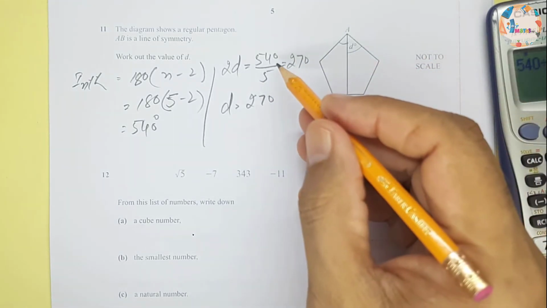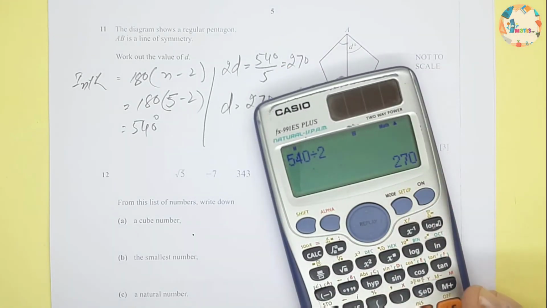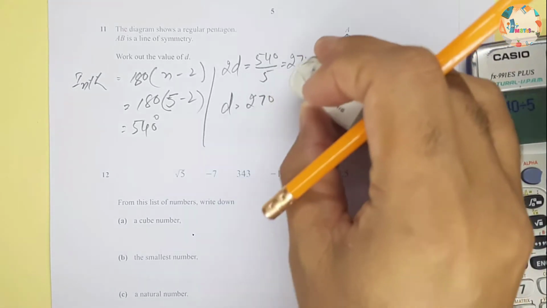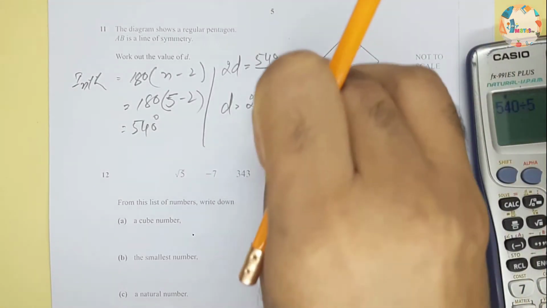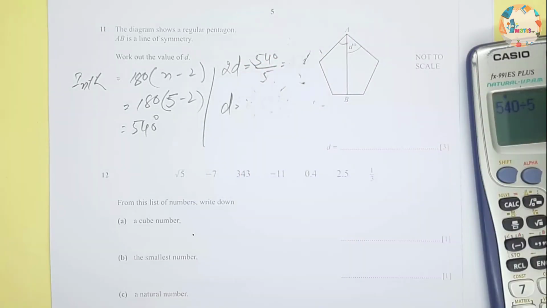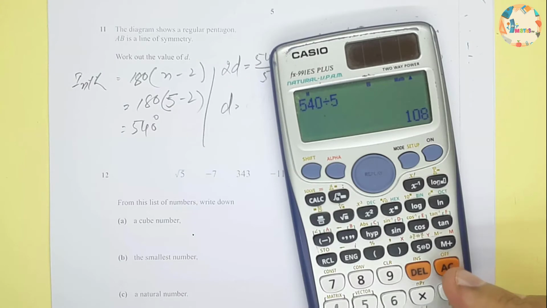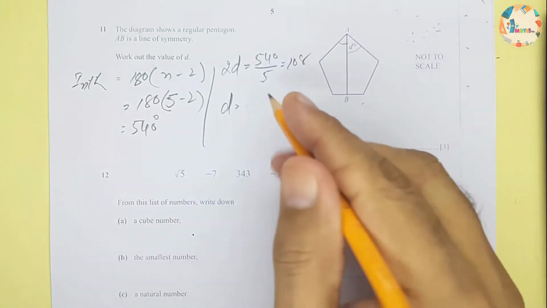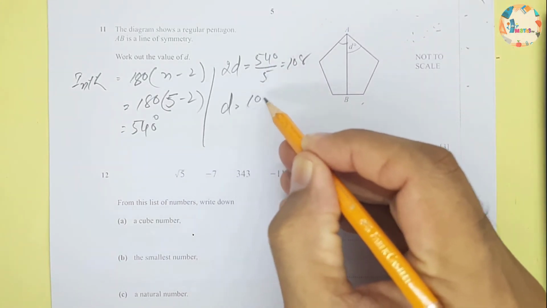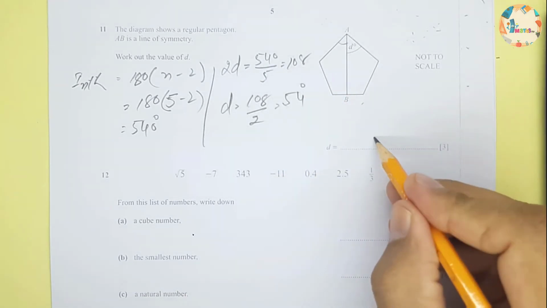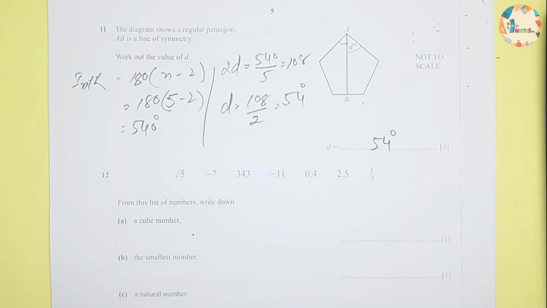Basically this will be 540 divided by 5, not 2. This will be 108. And 108 divided by 2 will be 54. So D will be equal to 108 divided by 2, which is equal to 54. So 54 degrees will be our answer.